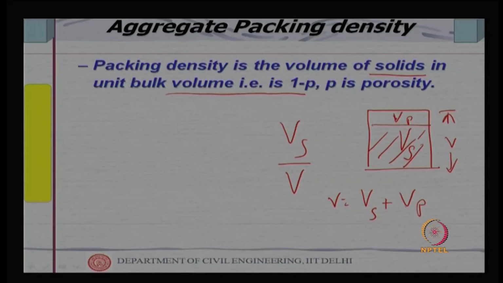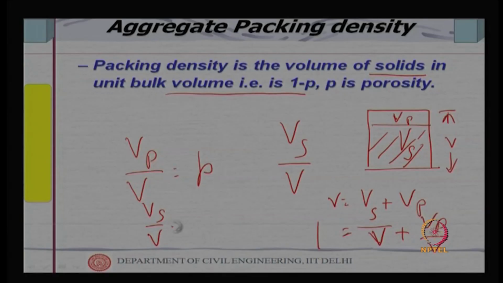So, you can see that if P is the porosity, then V p over V is P. So, V s by V plus V p by V is equal to 1, and V p by V is the volume of pores, P, the porosity.